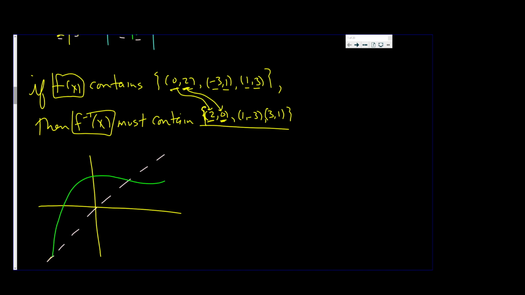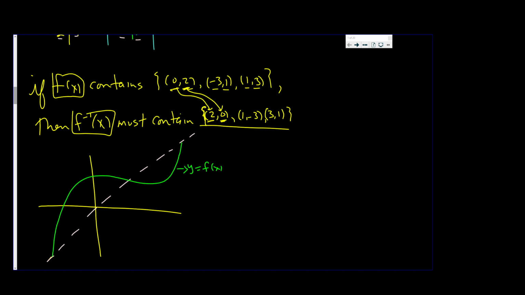Suppose you come to know that f of x looks like that. That's f of x. Y equals f of x. So the question is, how would you draw the inverse?